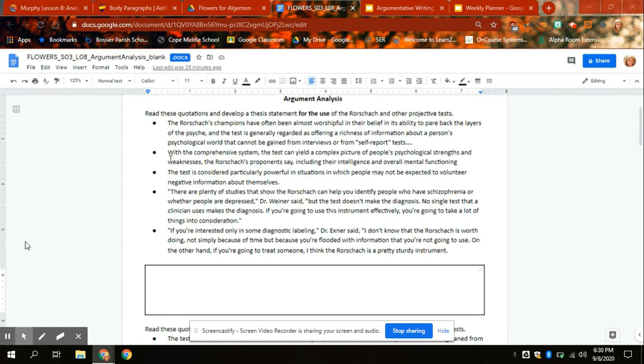The second one says, with the comprehensive system, the test can yield a complex picture of people's psychological strengths and weaknesses, the Rorschach's proponents say, including their intelligence and overall mental functioning. So again, we get a picture of a person's psychological strengths and weaknesses, including their intelligence and overall mental functioning.